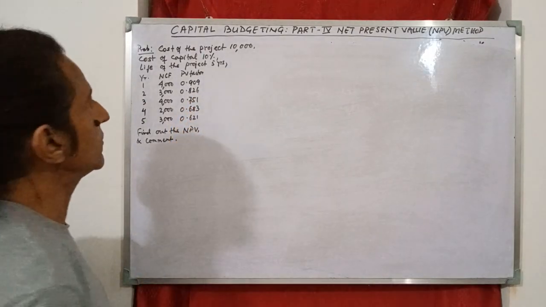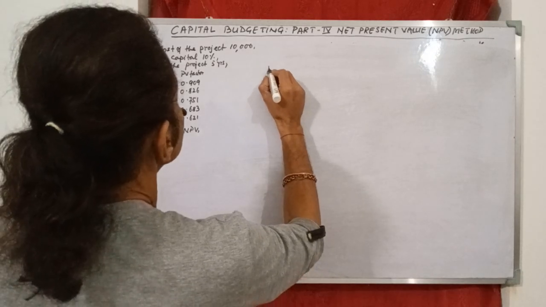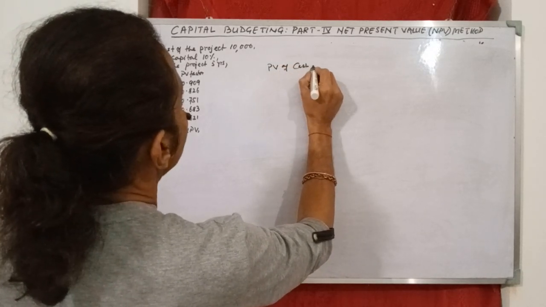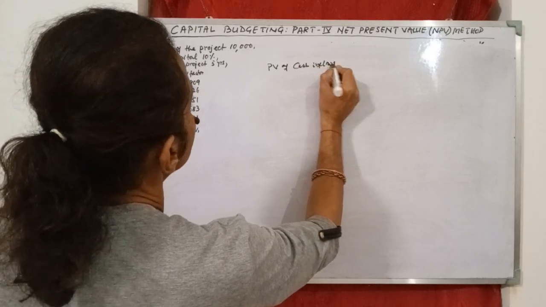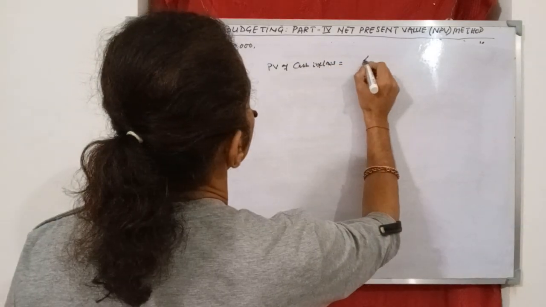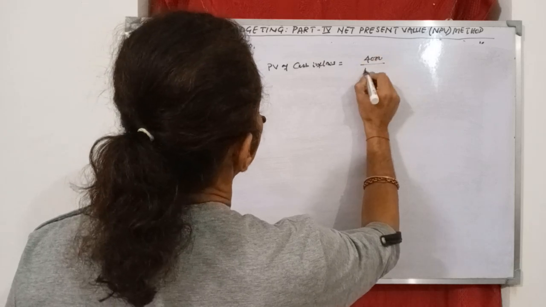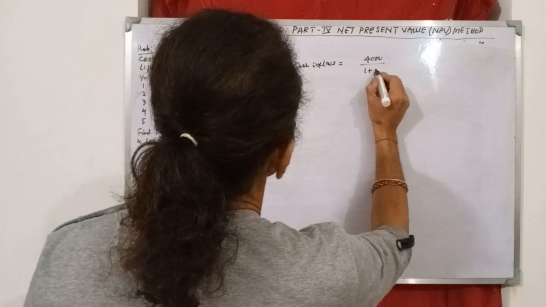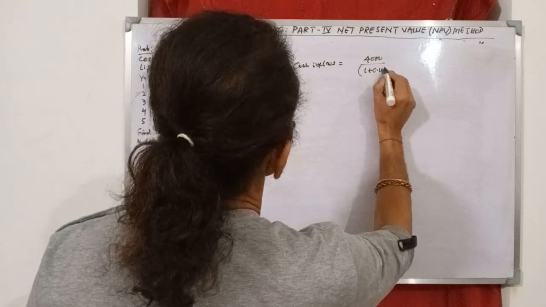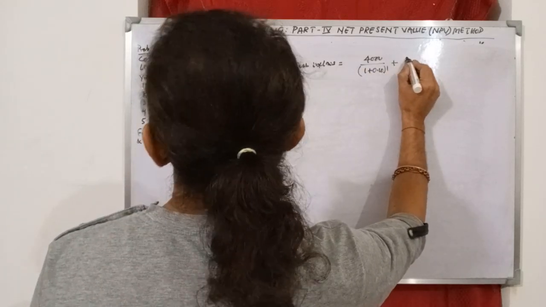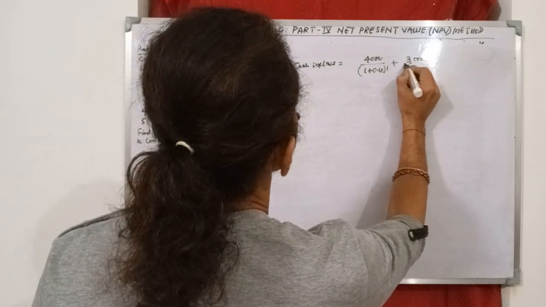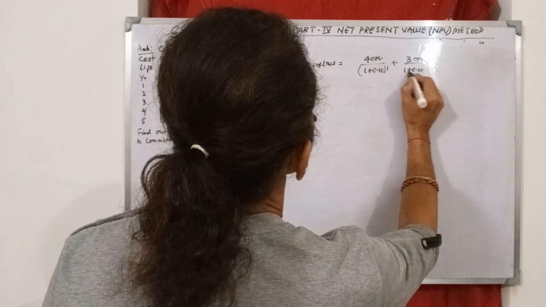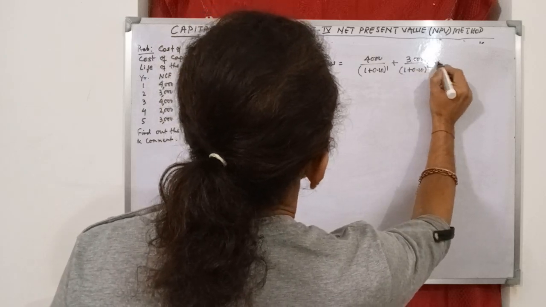If you go through the formula, then the PV of cash inflows will be like this: 4,000 divided by 1 plus, what is the cost of capital? 10%. 1 plus 0.10 to the power 1, plus 3,000 divided by 1 plus 0.10 to the power 2, and in this way.